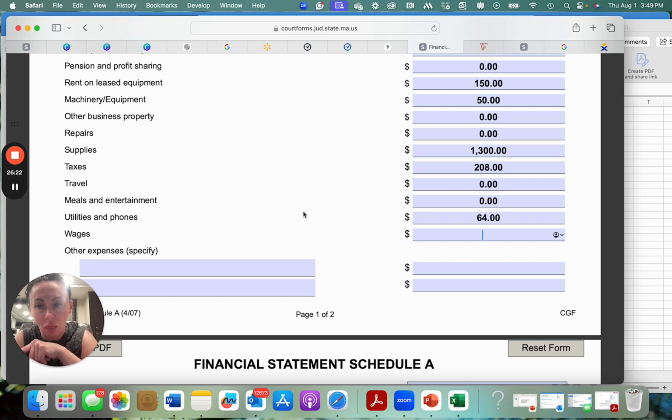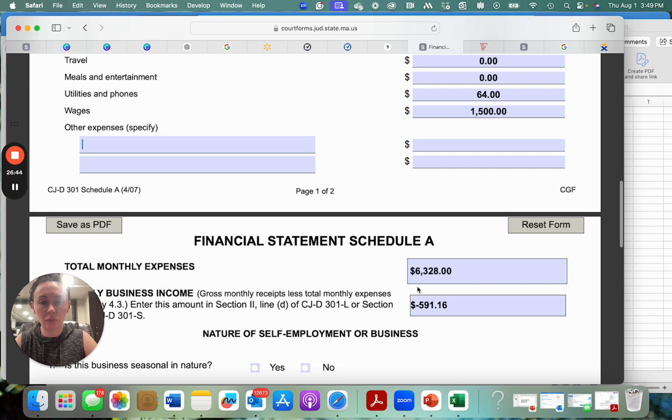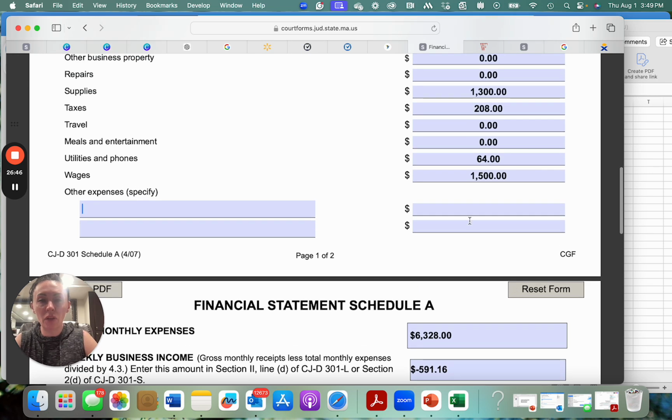Not every month has 4 weeks. Sometimes it's more than that. So 4.3 is what we multiply a weekly amount to get a solid monthly number. And that is what you're going to report here for wages. So maybe your monthly wages are, I don't know, $1,500. If there's other expenses, those get listed here.